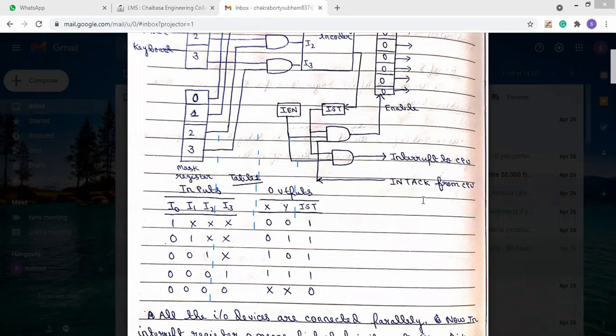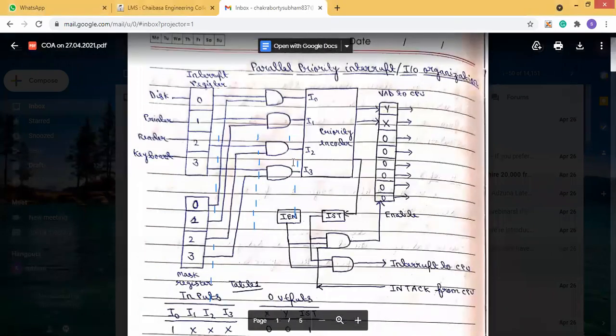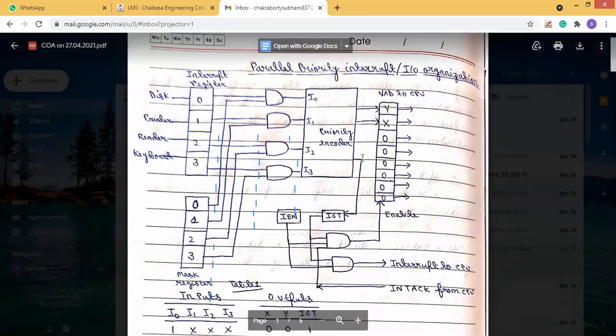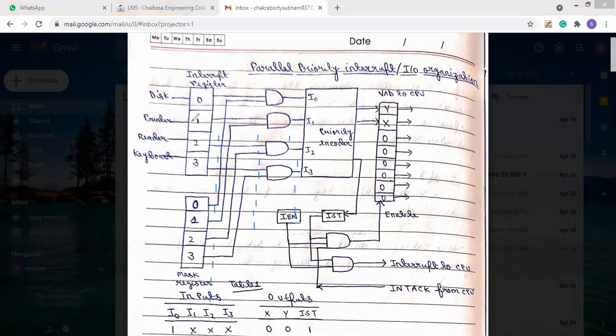except disk, all other input output devices, in this example, disk didn't generate interrupt. Except disk, all the input output devices generate interrupt. Means disk interrupt register output will be 0. And for the others, printer, reader, keyboard, all generated interrupt. That's why the interrupt register output will be 1.